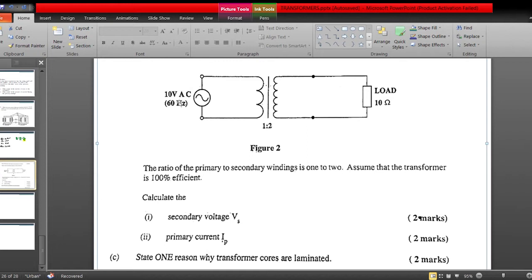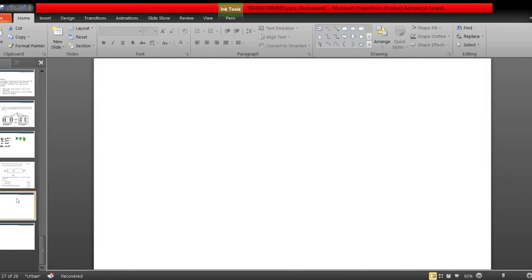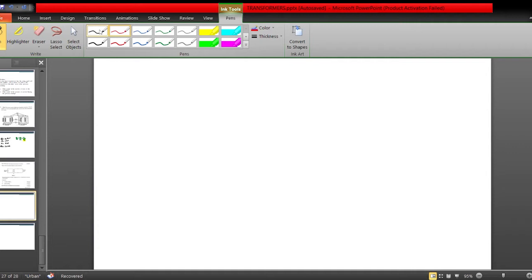And we have it that the primary voltage right here is 10 volts. It gives us a load resistance, and that's 10 ohms, and the turns ratio, which is 1 to 2. So let's go ahead and write those down. So we have Vp to be 10 volts.